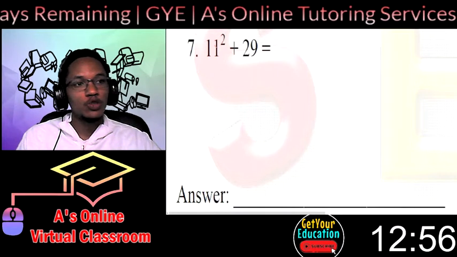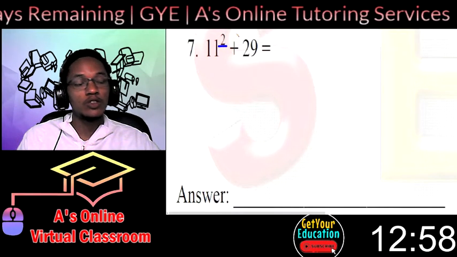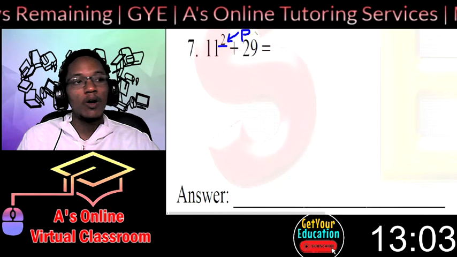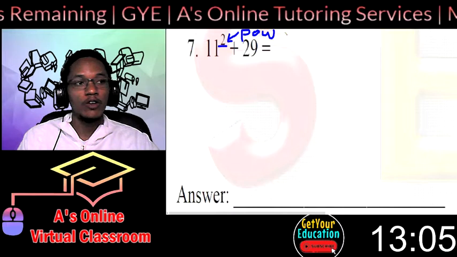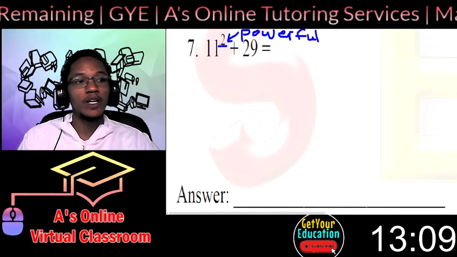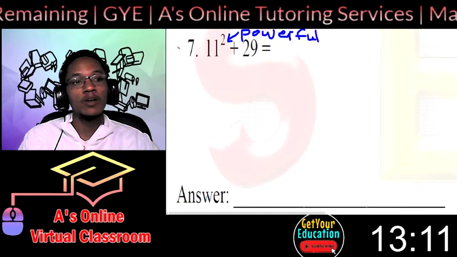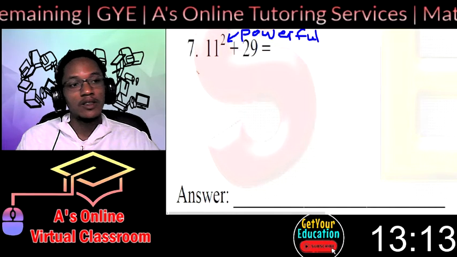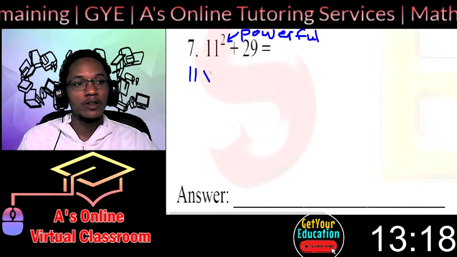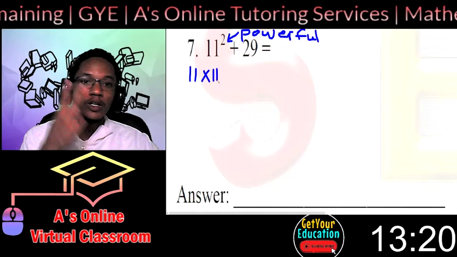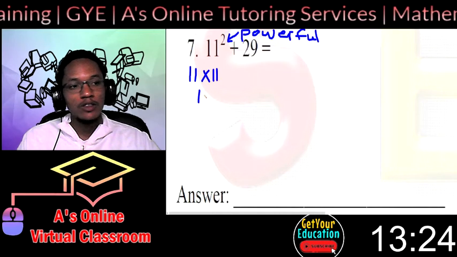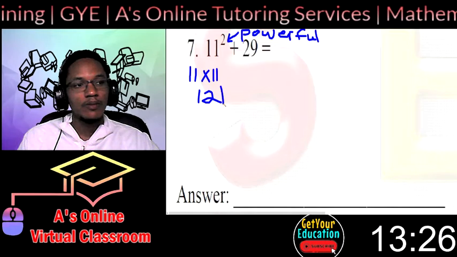So 11 squared, this 2 here is also called a power, and this power is very, very powerful because it can change a number like 11 and make it into something like multiplying 11 using 2 11s in a multiplication. And 11 times 11 is 121, right?